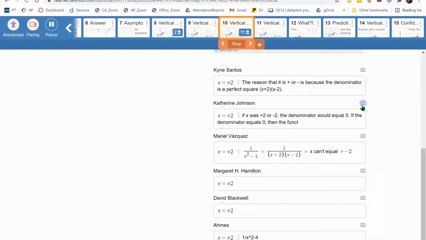If-then statements really help you focus your logic so that you're not just coming up with an answer without an explanation to the answer.